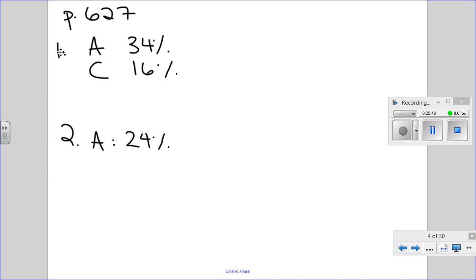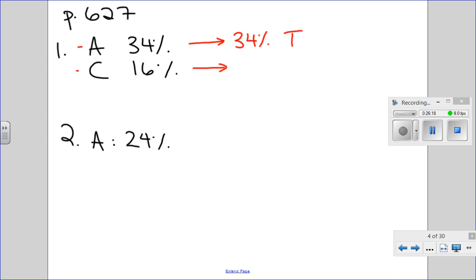In question number 1, they give you 2 letters. I would say that is a really easy version of the question, and I would not expect a diploma question to give you this much information. What do I know? Well, I know that if there is 34% A, there has to be 34% T. A and T, adenine and thymine, go together.